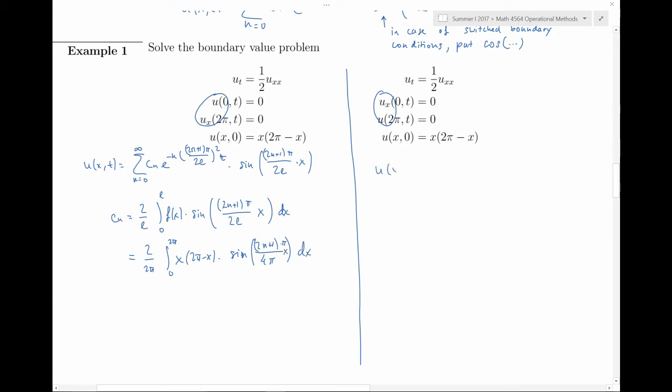On the other end, for switched boundary conditions, my u of x, t should be the cosine quarter period series.